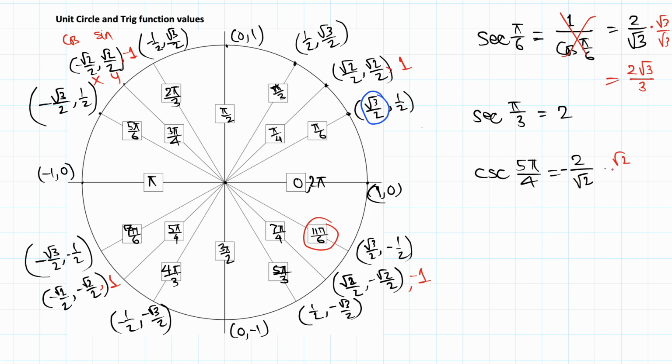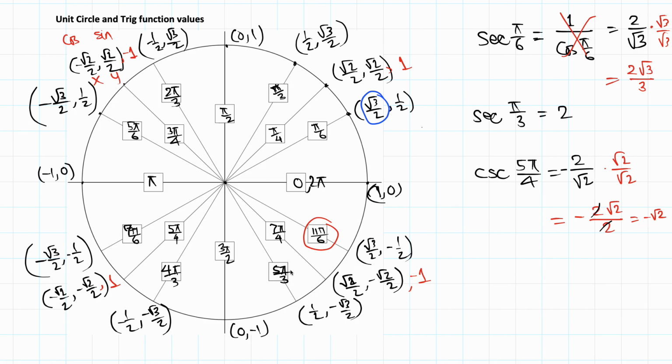We don't have to rationalize, but if you rationalize, this should be negative 2 root 2 over root 2 times root 2, which is 2. Rationalizing gives a better answer in this case. Then we get negative root 2. So cosecant pi over 4 is just negative root 2.